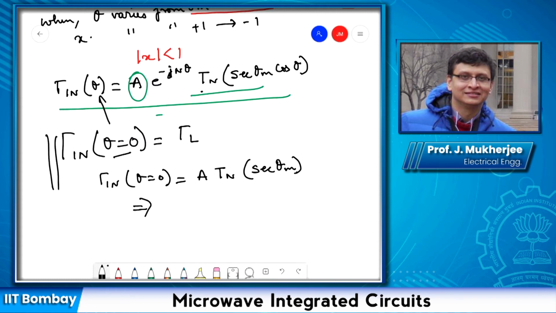Comparing these two equations, we get A is equal to gamma L upon Tn sec theta m.